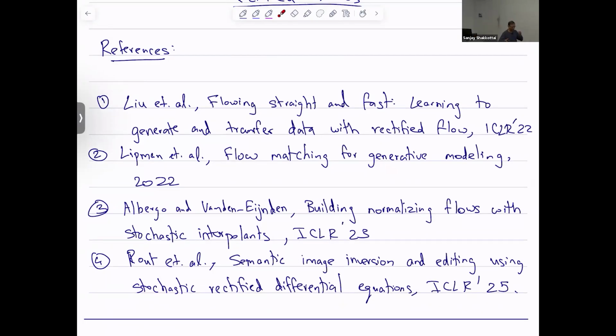Rectified flow was developed roughly in parallel by three different groups: Liu et al., Chang from UT, that's the Flow Straight and Fast paper; Lipman's group, Flow Matching for Generative Modeling; and Albergo and Vanden-Eijnden, Building Normalizing Flows with Stochastic Interpolants. These are the parent papers for all of rectified flows. I'm also going to lean heavily on a paper by Raut et al., which was at ICLR this year, to talk about the interpretation I'm going to take in this class.